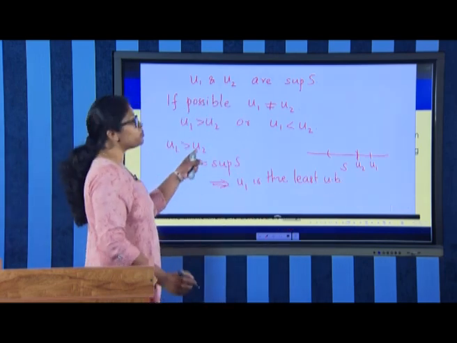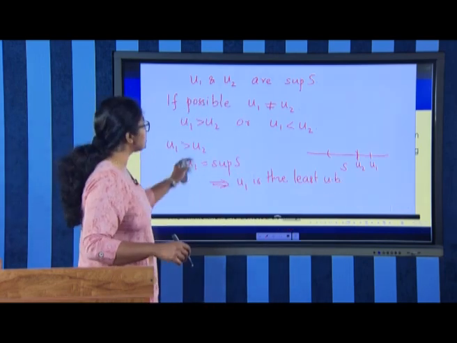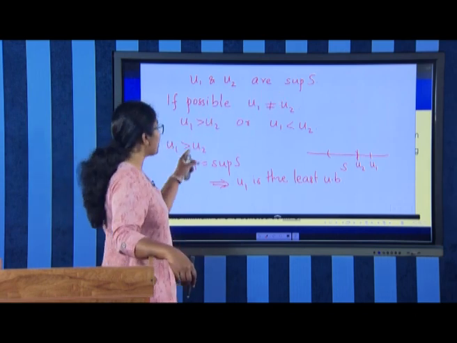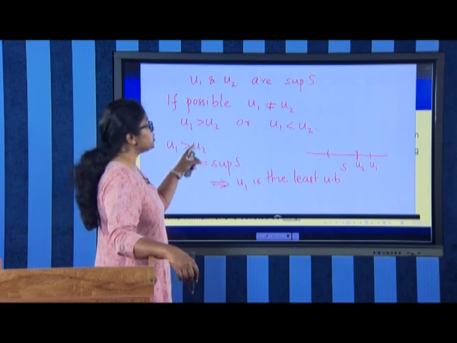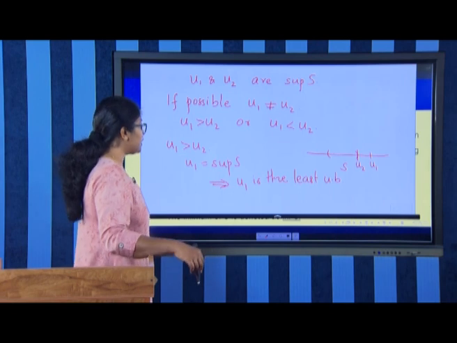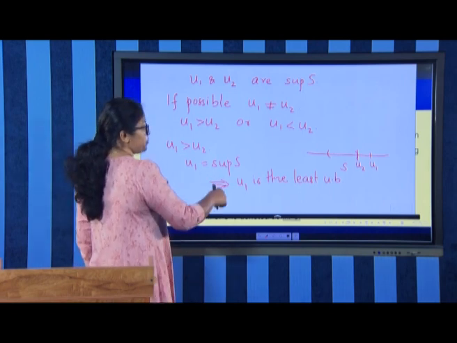So, how can U2 be an upper bound then? Because by assumption U2 is also a supremum of S. So, it cannot happen that U2 which is less than U1 can be an upper bound of the set S. Therefore, we arrive at a contradiction.